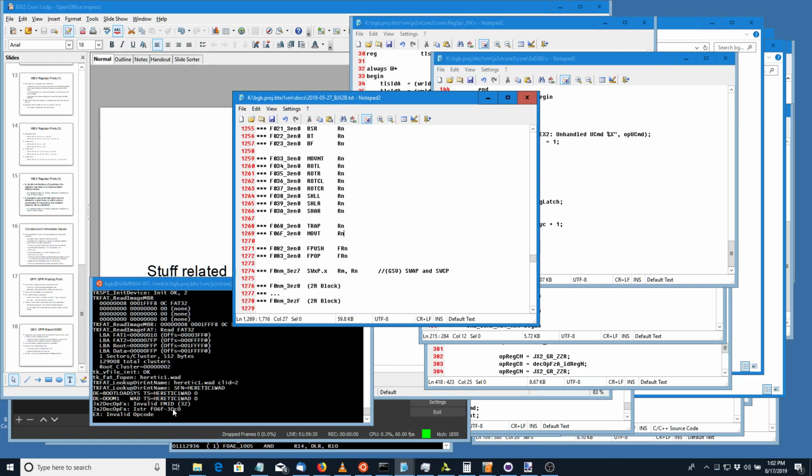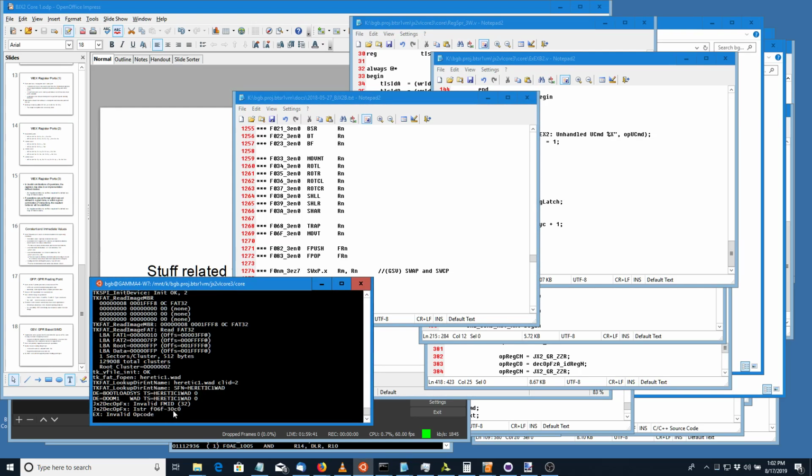It's a MOVT instruction, so copy SR.T into a register, but it seems I don't have the logic in place for decoding that form of that instruction, so that makes sense. So it's the 32-bit form of MOVT, sending it over to R12.